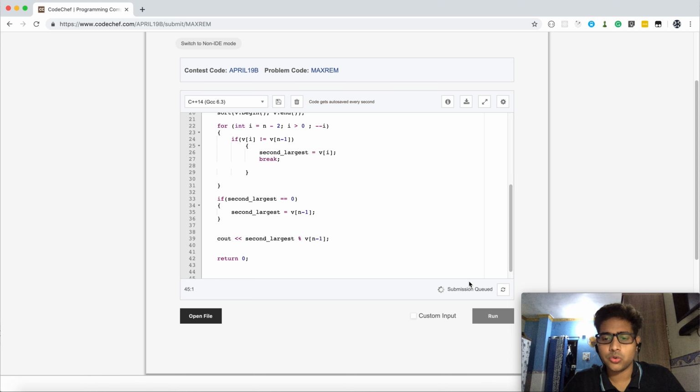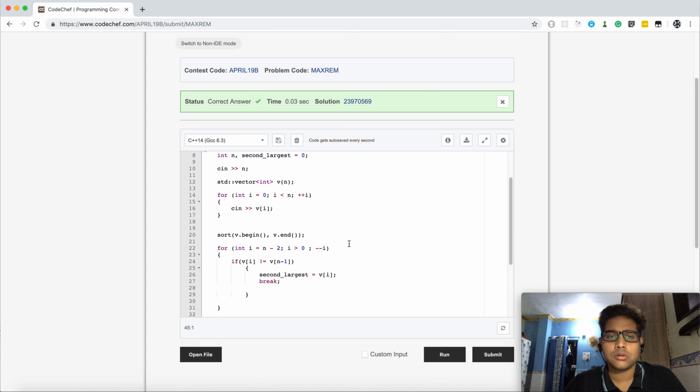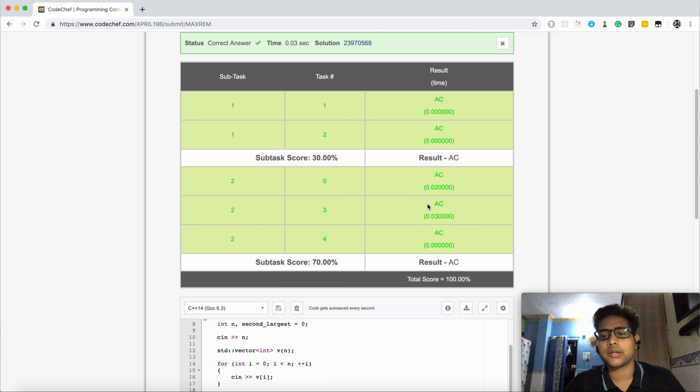So the submission is queued. It is running on various test cases. Let's see what happens. So correct answer, it has passed all the test cases.